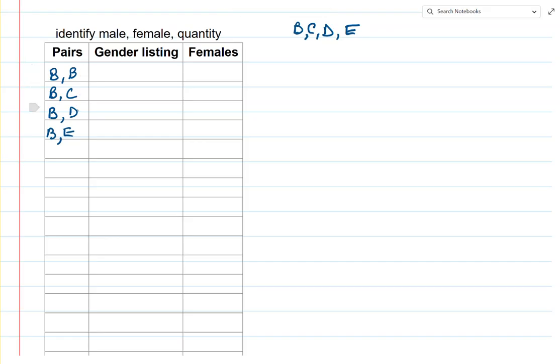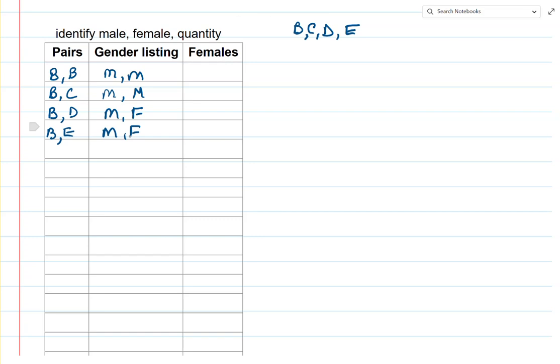Here is B, C, D, E, and all of them have B as the first. The genders are male and male for the first one. The second one is also male and male. The third one is male and female. And the fourth one is male and female.